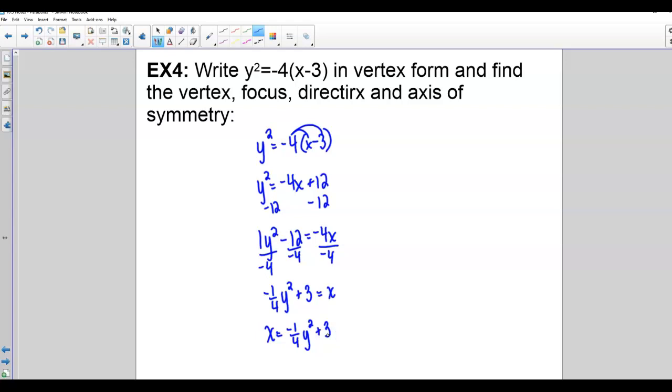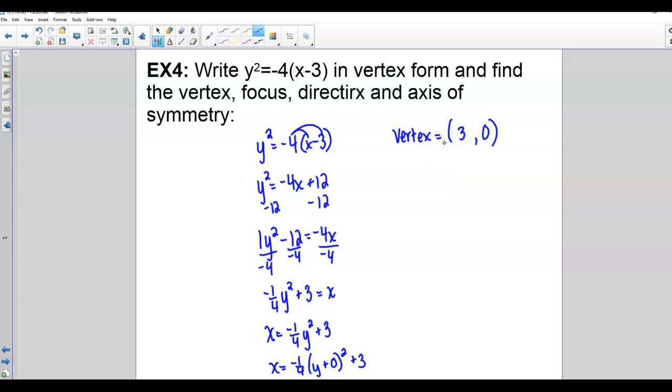Now, you don't have to put this into vertex form past this because you don't have a y coordinate, so you don't have to complete the square here. What you've actually got for this one is y plus 0 squared plus 3 here, so this is essentially already in vertex form. So for our vertex, we would have a y coordinate of 0 and an x coordinate of 3.